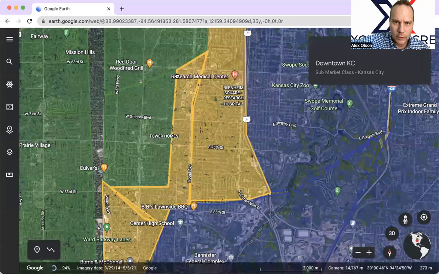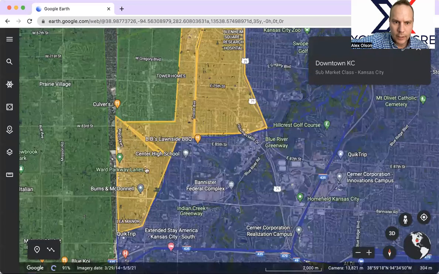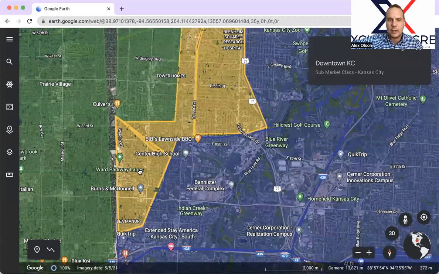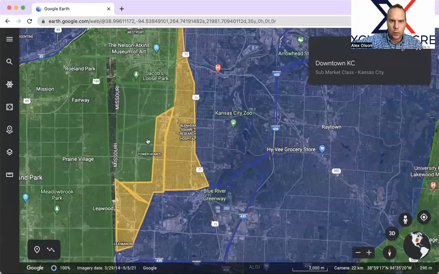And this is B area. Over here, the Center High School area. This is B. You've got Burns & McDonnell, a large engineering firm headquartered in Kansas City. That highlights a lot of the urban core.